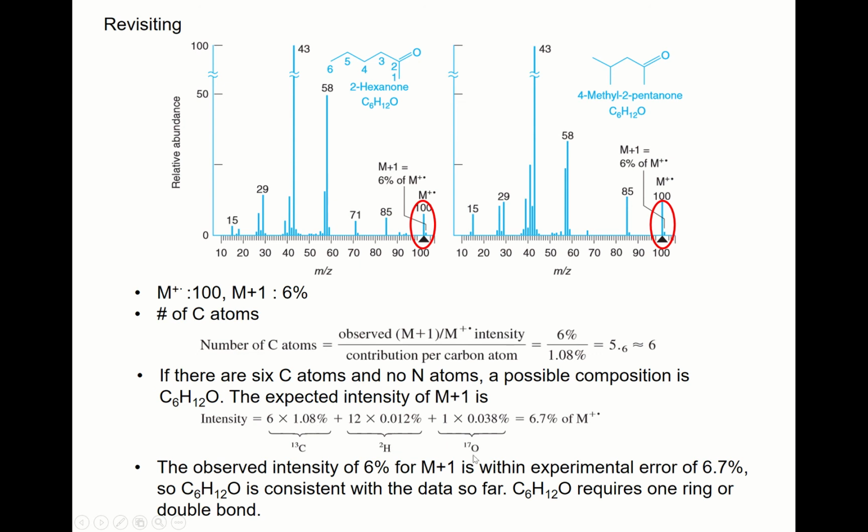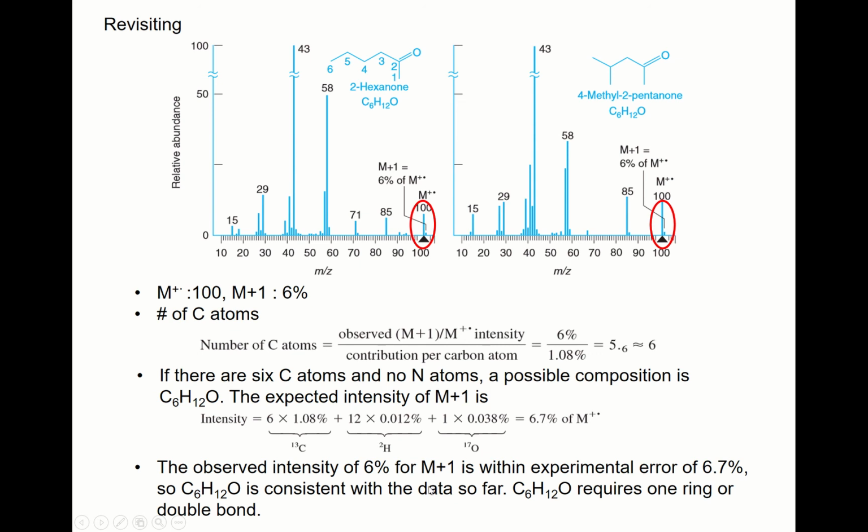Anyway, the calculated intensity is 6.7%. So it makes sense. The observed intensity of 6% for M plus 1 is within experimental error of 6.7%.